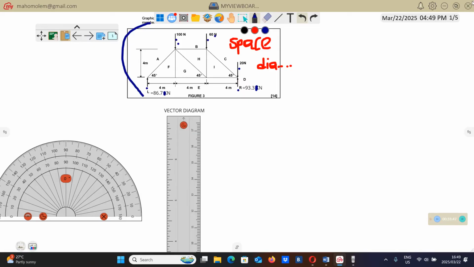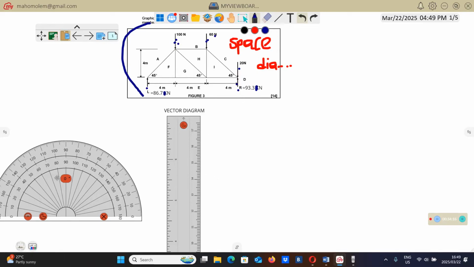I'm putting it vertical because these forces that I'm going to start with, all of them, they are vertical. This is vertical. Remember here, I'm going to draw parallel lines. Since these lines are vertical, whatever lines that I'm going to draw here must be vertical.